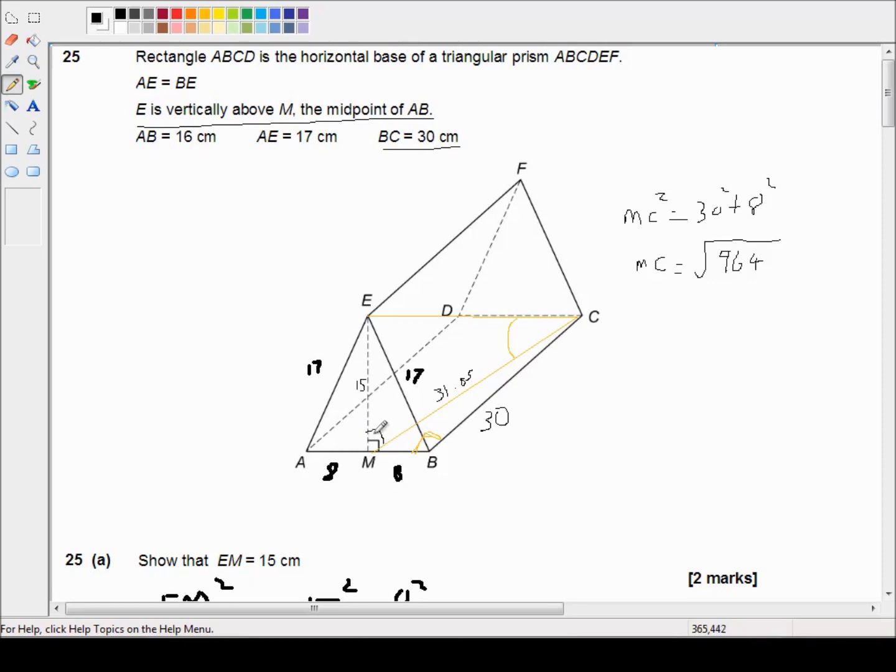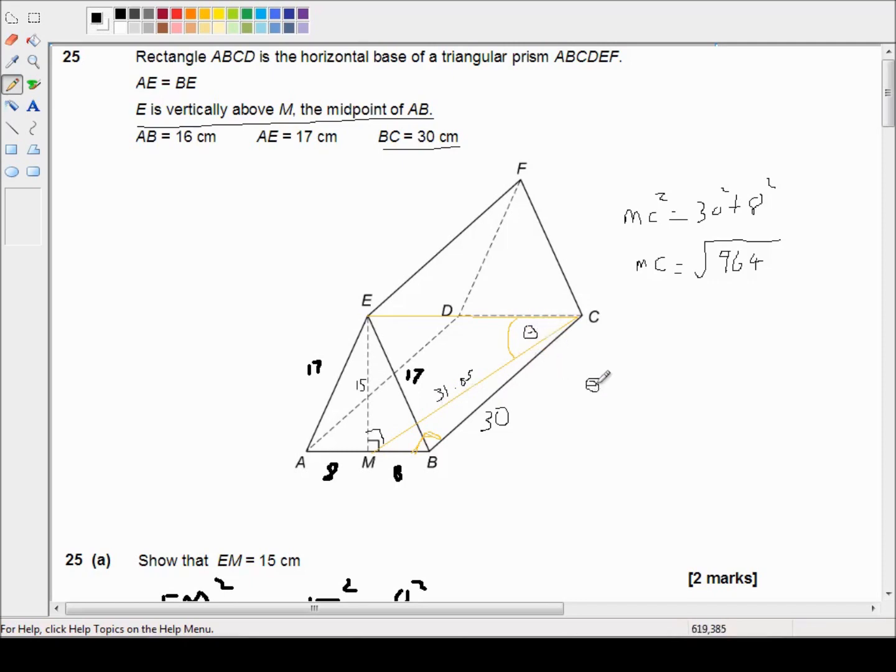So that is to say the angle EMC is a right angle. So all we have to do now is we've got our adjacent. We don't know the hypotenuse, but we do know the adjacent, and we know the opposite, and opposite over adjacent is equal to tan theta.